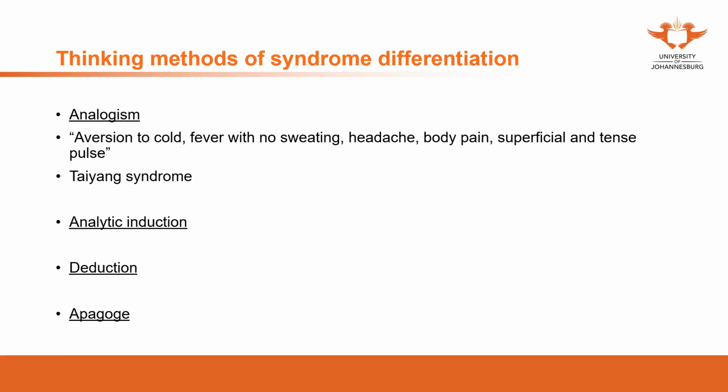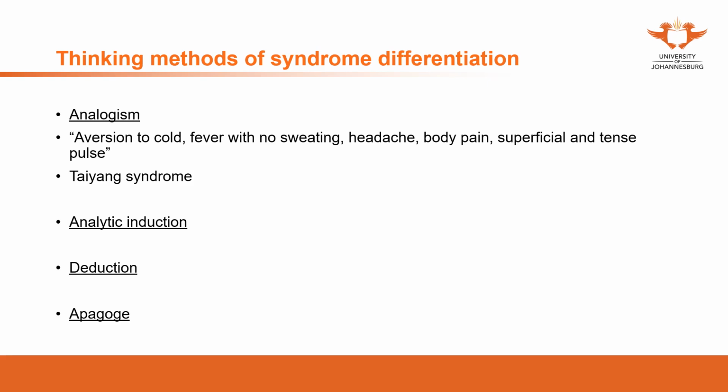fever with no sweat, headache, body pains, superficial and tense pulse. This is a Taiyang syndrome. This clause is from the Shanghan Lun, from the classic. So if you remember this clause, when a patient comes to you and says, "Good day, doctor. I feel cold.